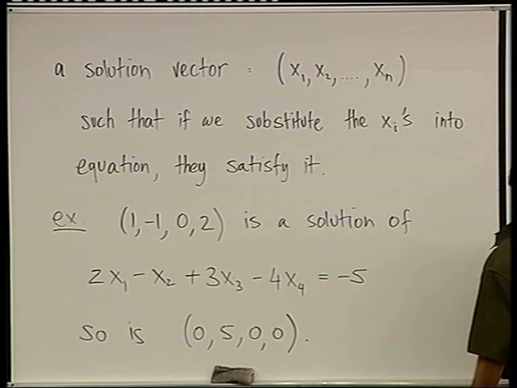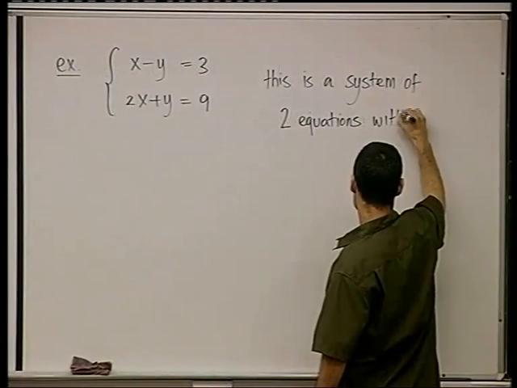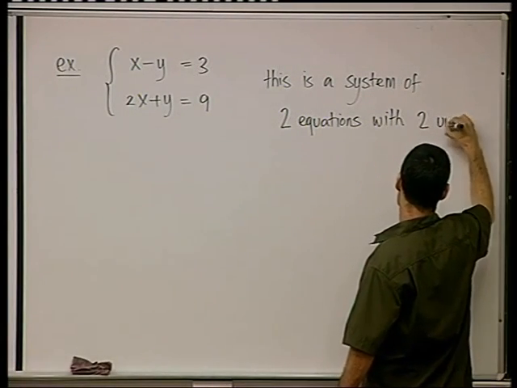Another example, before we define it formally: x minus y equals 3, and 2x plus y equals 9. This is a system of two linear equations with two unknowns.